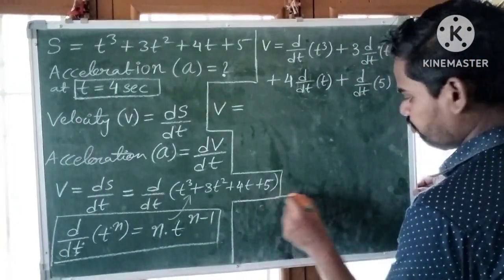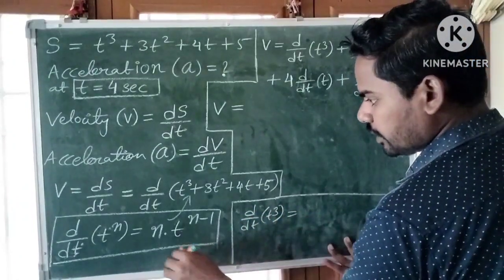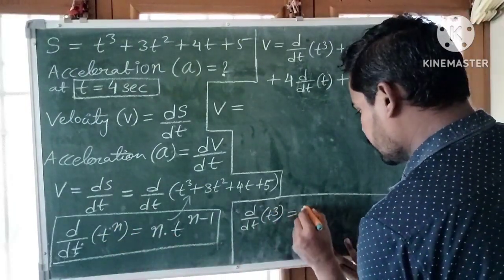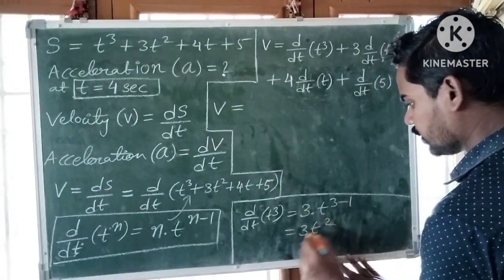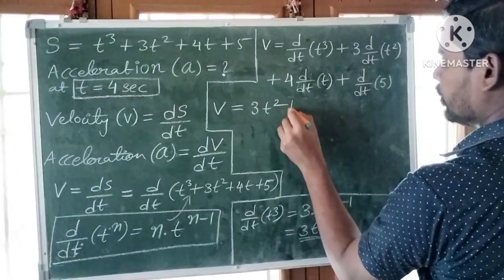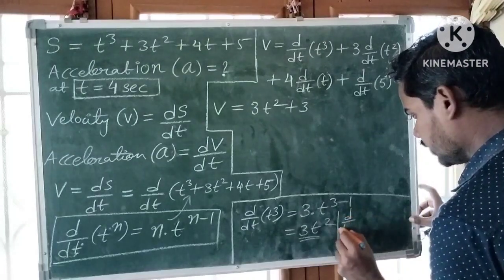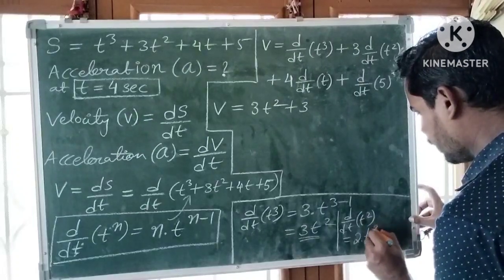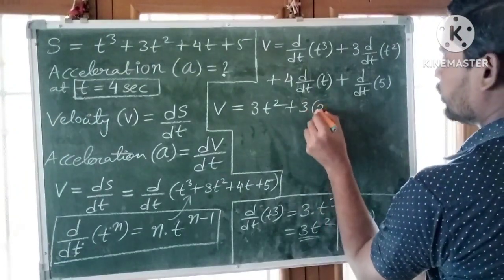So d/dt of t^3 gives 3t^2. Plus 3 times d/dt of t^2, which is n times t^(n-1), giving 2t, so 3 times 2t.